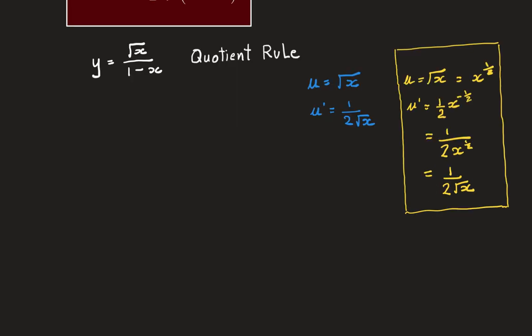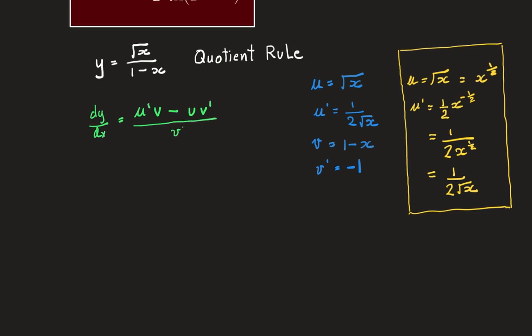And so to continue, I make v my 1 minus x, and v dash is equal to minus 1. And the quotient rule says that I need to make it u dash v, take away u v dash, over v squared. So I will just substitute these in here, and we'll start with u dash and v, followed by u and v dash.